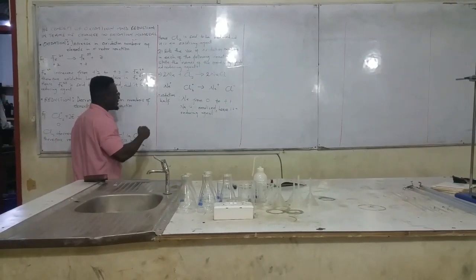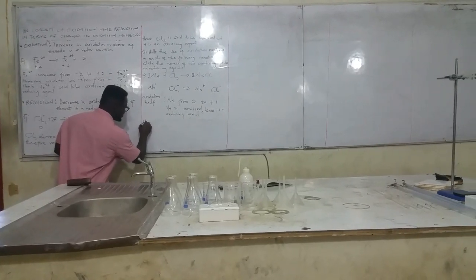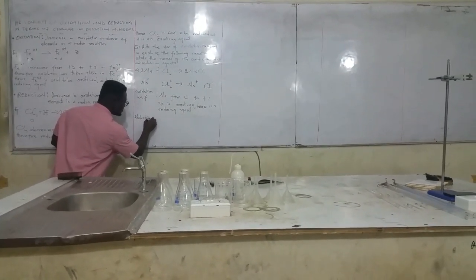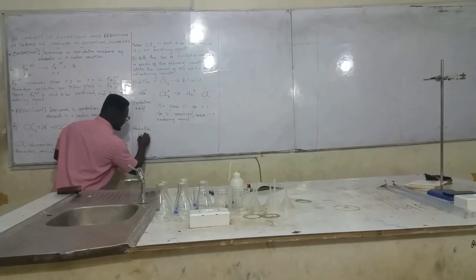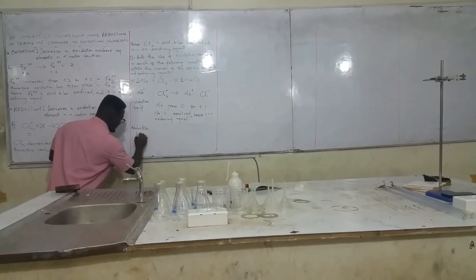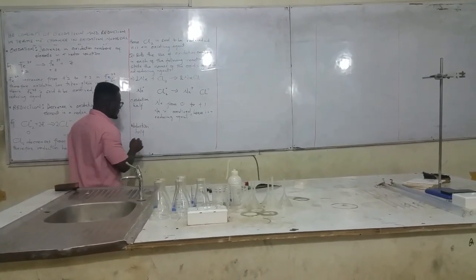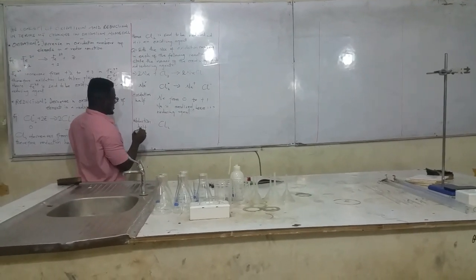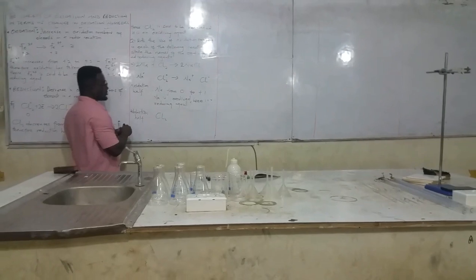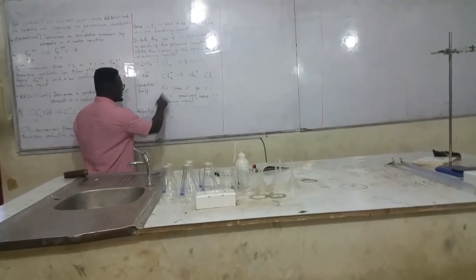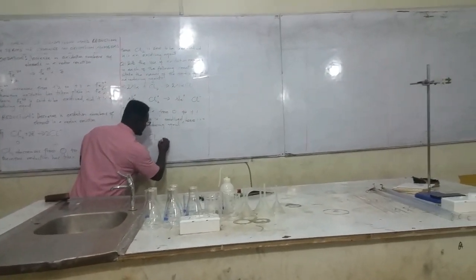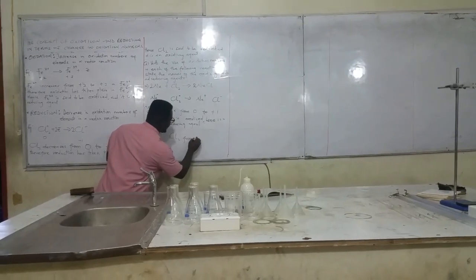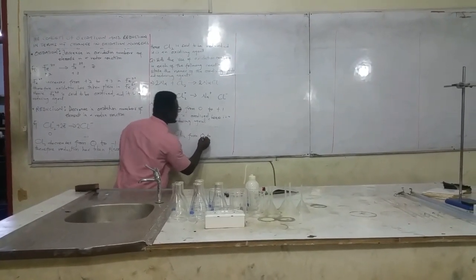Now, let's look at the next one, reduction. So reduction half. We have Cl2. So what happens? From 0 to -1.